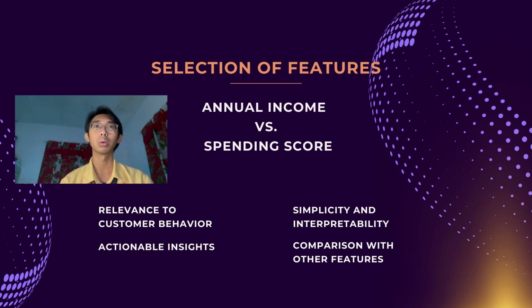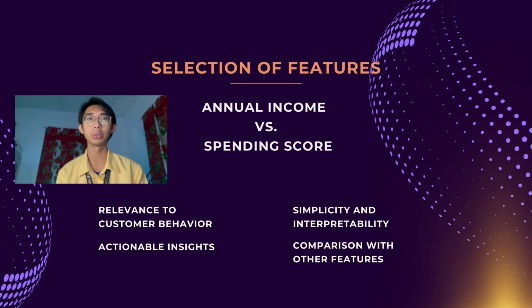We also choose annual income versus spending score because of its simplicity and interpretability. Clustering with two features creates distinct and easily interpretable segments. For the comparison with other features, adding age introduced additional complexity and increased noise points or outliers.